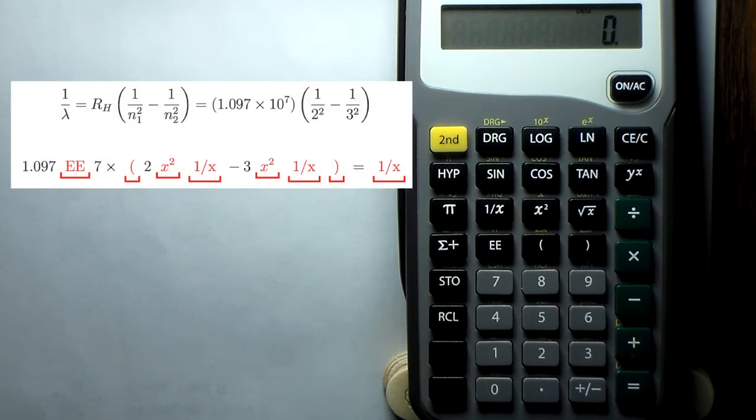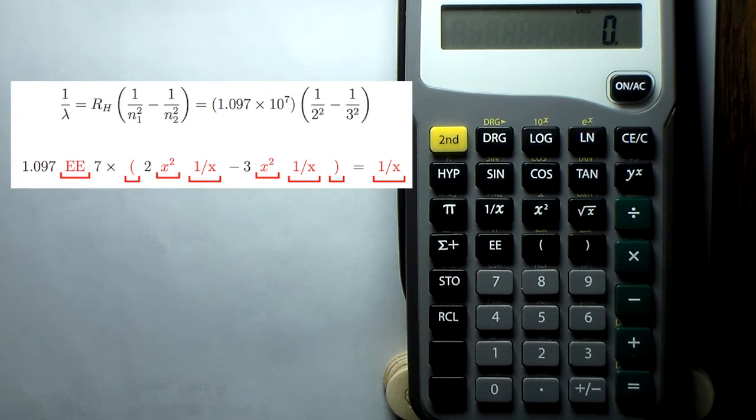All right, for this next one, we have a more complicated expression. We have 1 over lambda, where lambda is the wavelength of the light, equal to R sub H, which is the Rydberg constant, times, in parentheses, 1 over n1 squared minus 1 over n2 squared. Rydberg's constant is 1.097 times 10 to the 7th, with units of inverse meters.